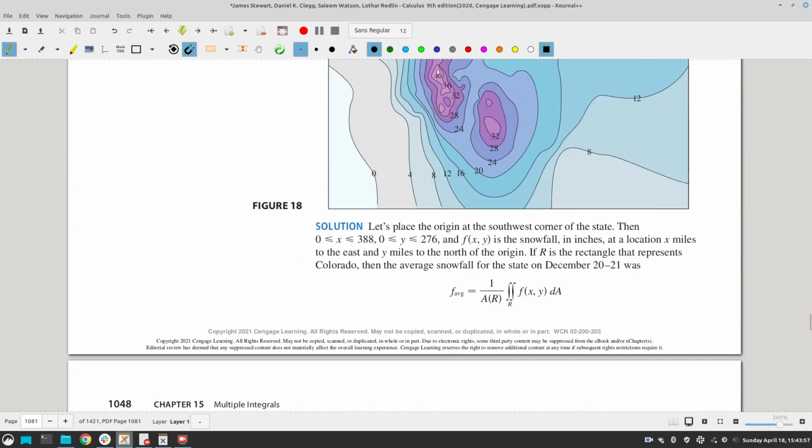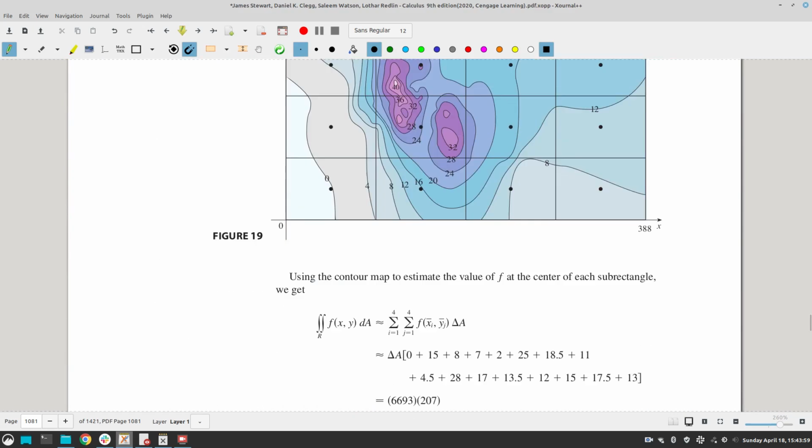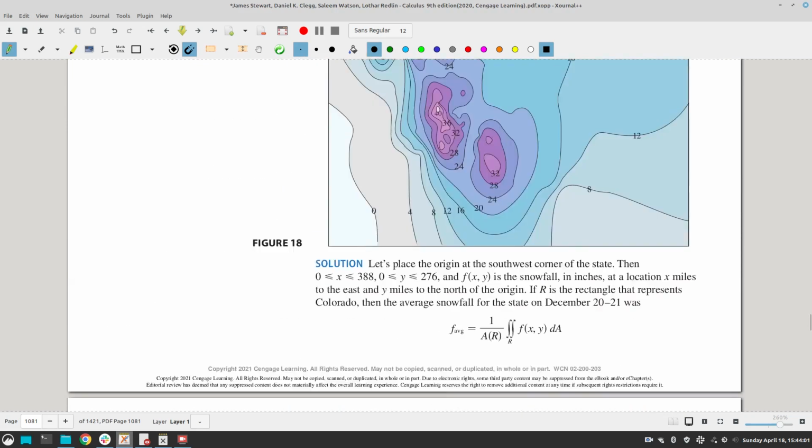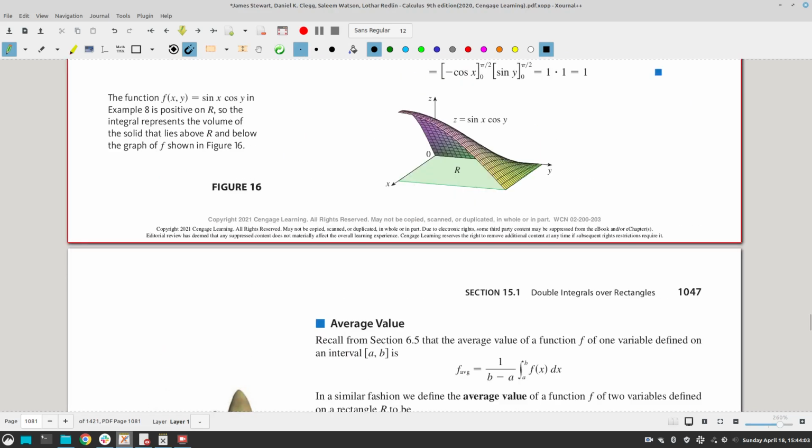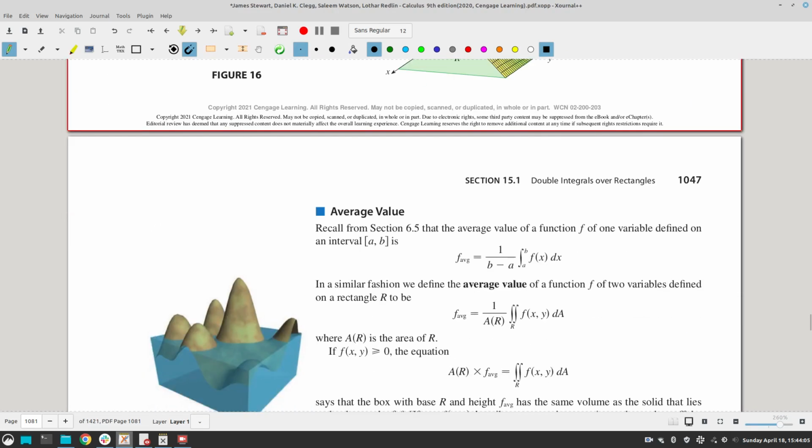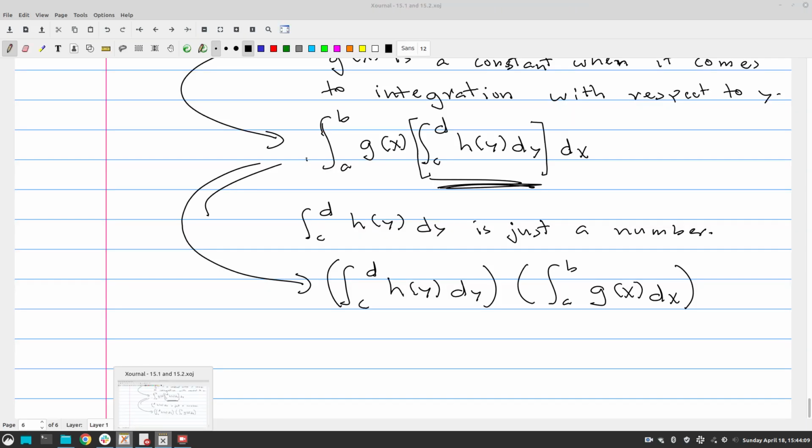Okay, we'll look at one application of double integrals, which is average value. So in single variable calculus, you are used to finding the average value over a range of values of x.